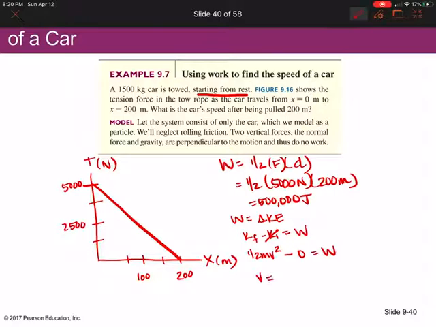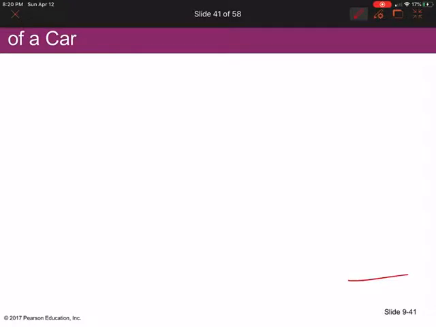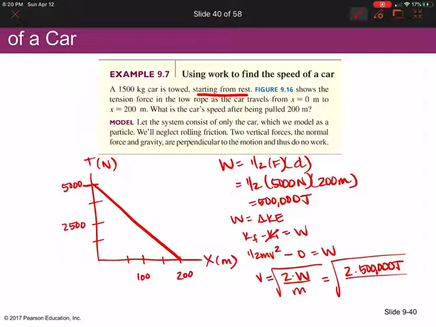So we are looking for our final velocity. We end up doing 2 times the work divided by mass, and you take the square root. So 2 times 500,000 joules divided by our mass, which was 1,500 kilograms, do the square root of all of that, and you should get 26 meters per second.